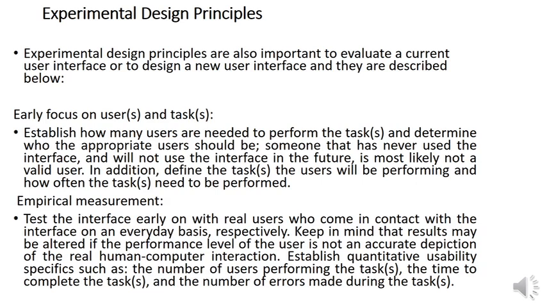Someone that has never used the interface and will not be using the interface in the future is most likely not a valid user. In addition, define the task the users will be performing and how often the task needs to be performed. Meaning that you can't design a system for those who are not in need of it or who will never use the system.